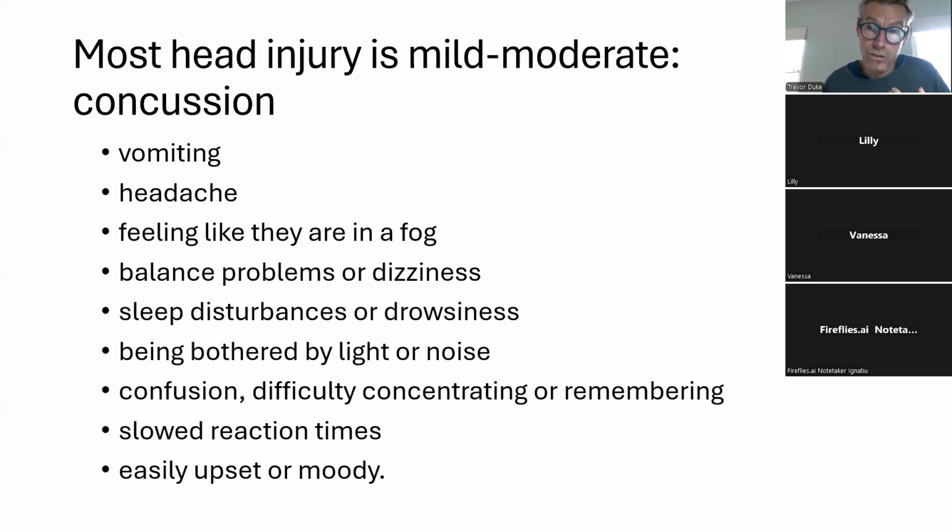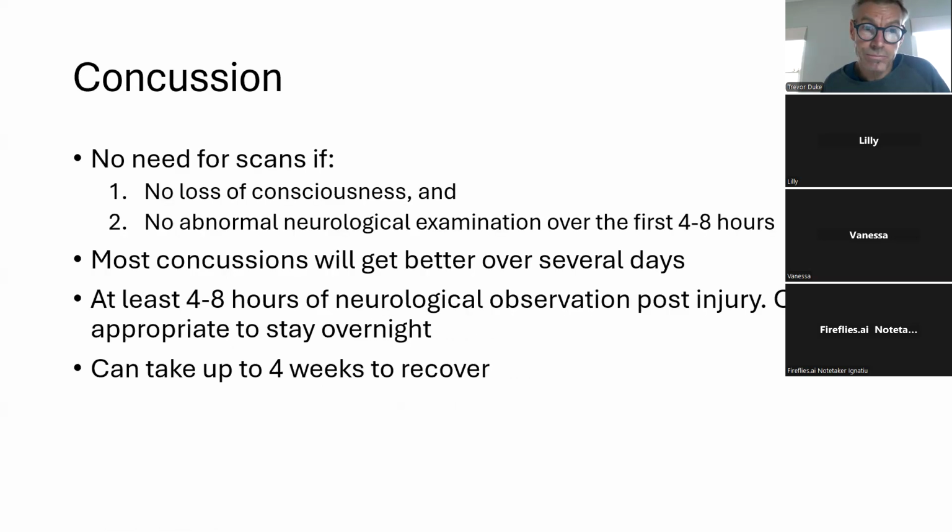Our job is to make sure that they don't have any other features of a more serious brain injury that would require surgery or some other treatment. It's really a matter of doing a proper neurological examination and making sure they don't have those other features of a serious brain injury that I mentioned. For a concussion, you don't need to do scans if there's been no loss of consciousness and no abnormal neurology.